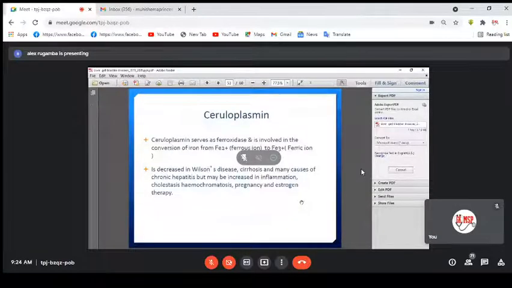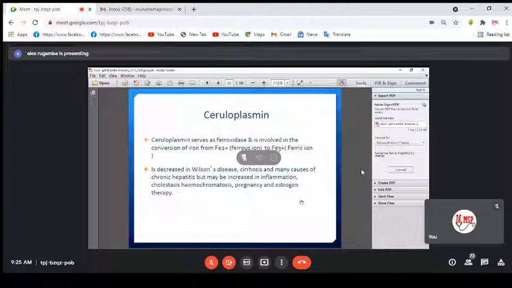There are also other enzymes that are evaluated, or measured, to check the capacity of the liver. For example, ceruloplasmin, also called ferroxidase, is involved in the conversion of ferrous ion to ferric ion.